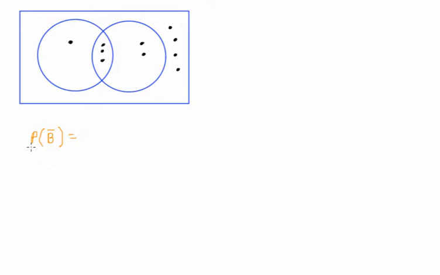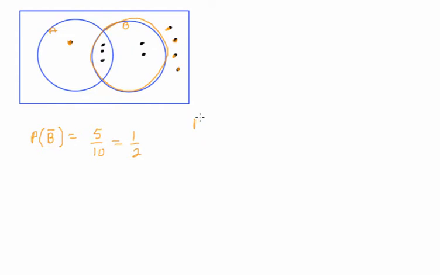This says, what's the probability of the complement of B? So the probability of not being in circle B. Well, here's circle B. What's not in it? This one, this one, this one, this one, and this one. 5 of them, 5/10, or 1/2.